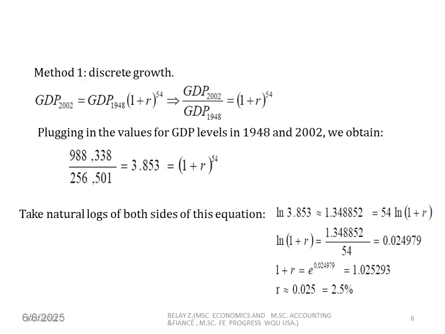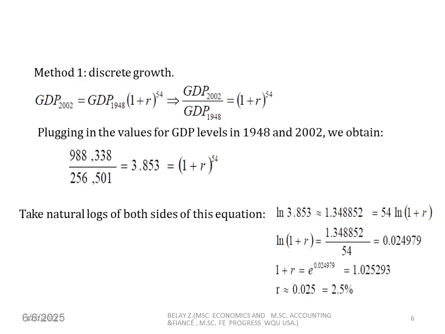Plugging in the value of GDP levels in 1948 and 2002, we obtain 3.853. This 54 is the difference between 2002 and 1948, that is the number of years, or n. So 3.853 equals 1 plus r to the power of 54.